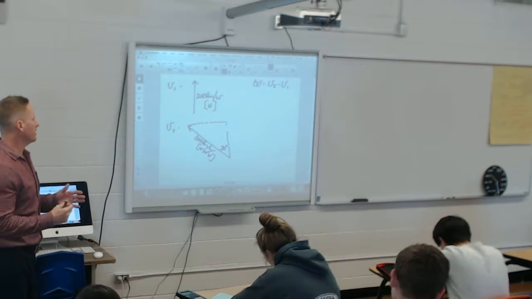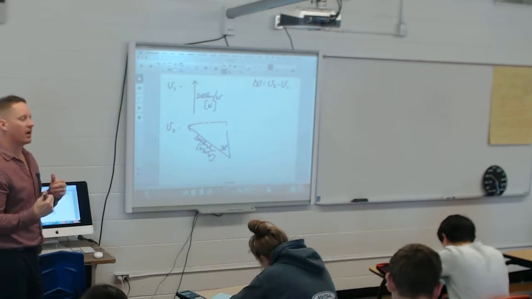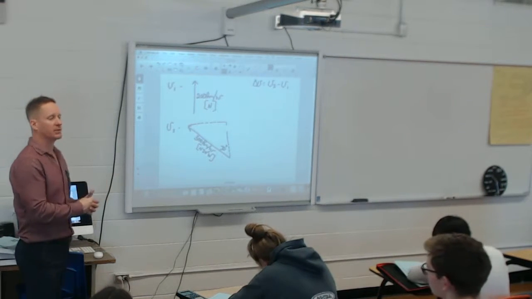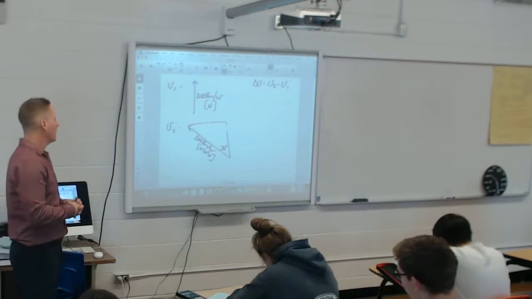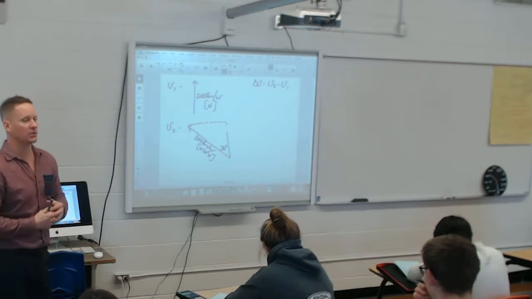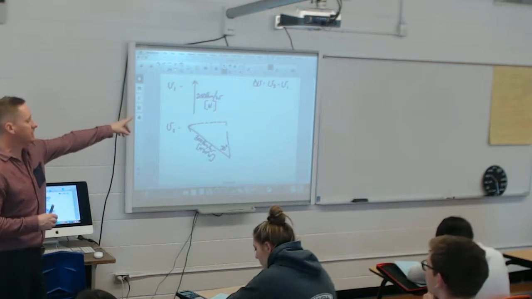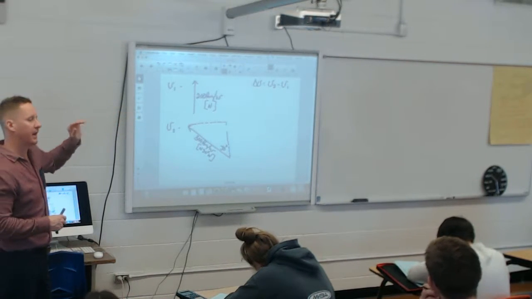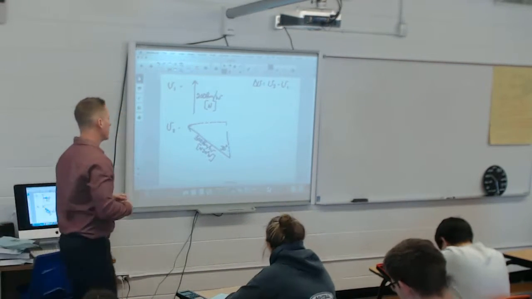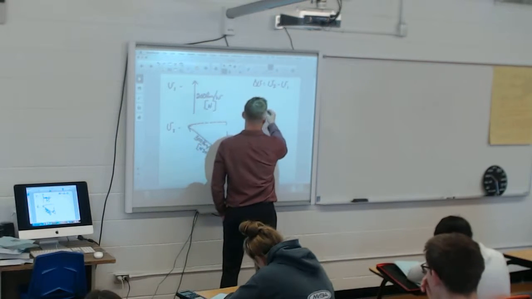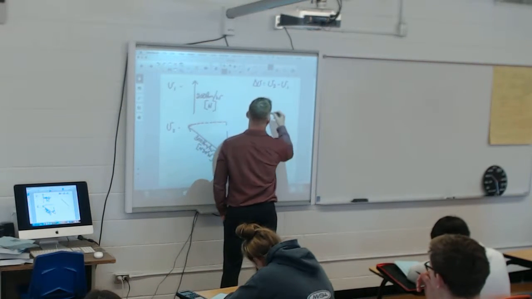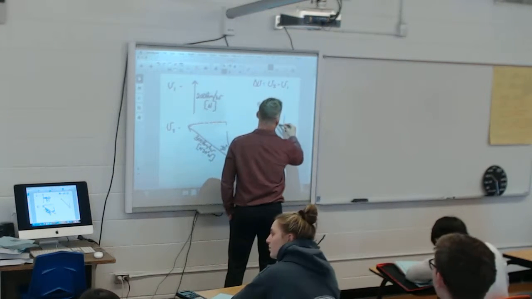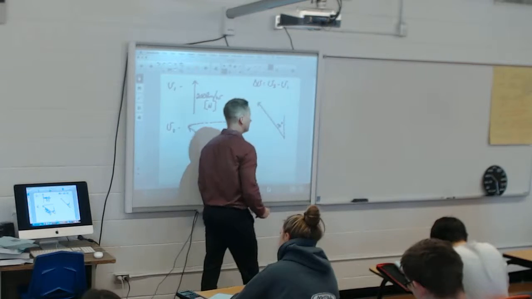So it wants to find the change in velocity. Again, I'm going to draw it out first so that you can see the visual, but I'm going to approach the question and solve it a different method. The first thing I would do is draw out V2, because that's what my equation says to do. If I want to find my change in velocity, I have to take V2 first, and then I have to take the negative V1. So I draw my vector as such, that being 30 degrees right there.